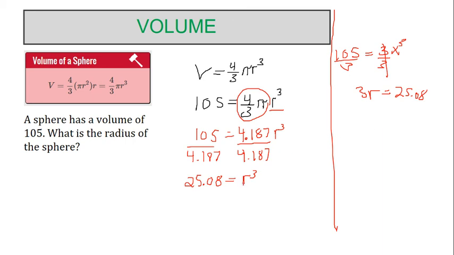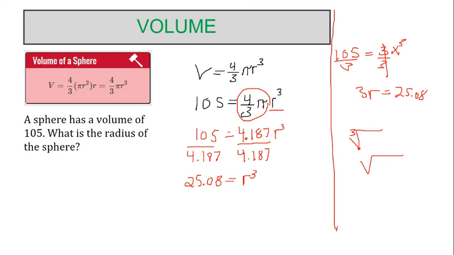In this case, we need to know what the inverse of cubing something, raising to the third power, is. And that, of course, is taking the cube root. So in general, to undo raising to a power, you're going to take the root of that power. In this case we're cubing something, so we take the cube root. If we were squaring something, we would take the square root.